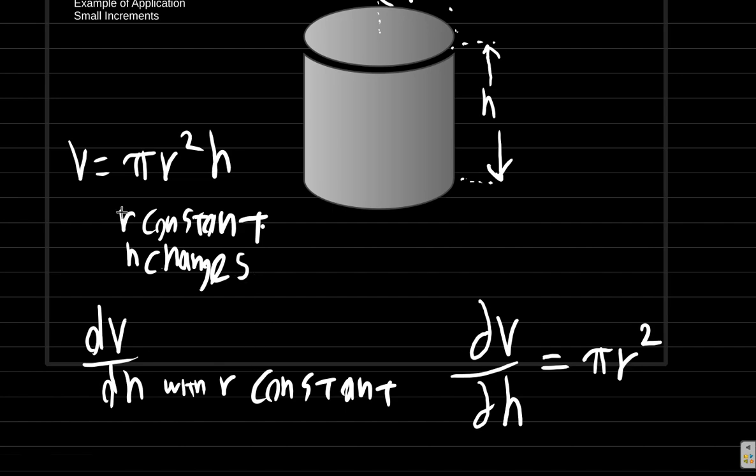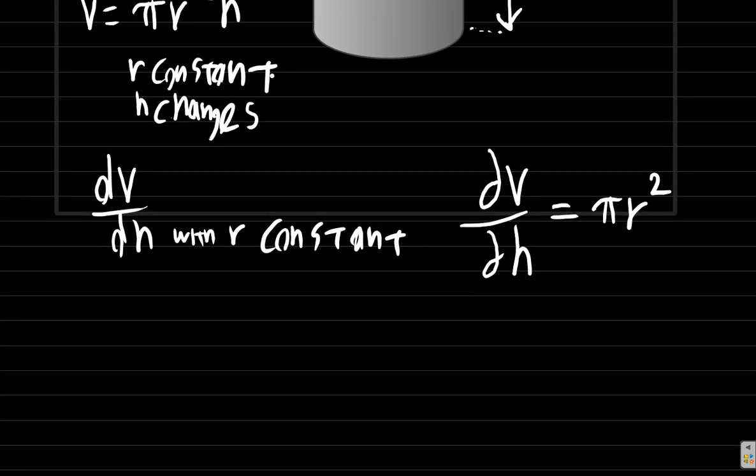Now let's rewrite this. Volume is pi r squared h. Suppose you consider locking h for now and make r vary. You make r change, right?